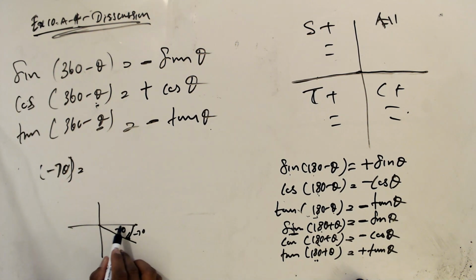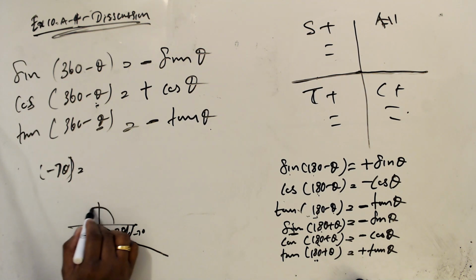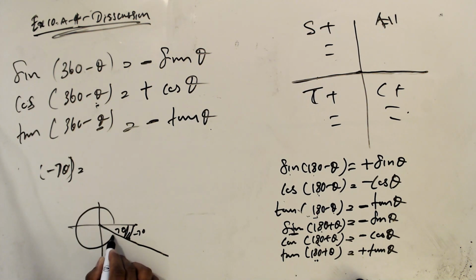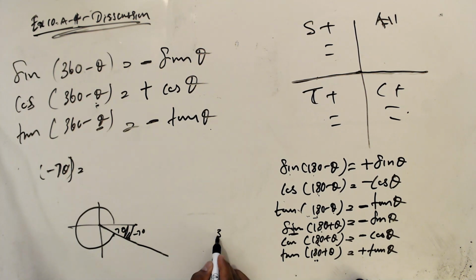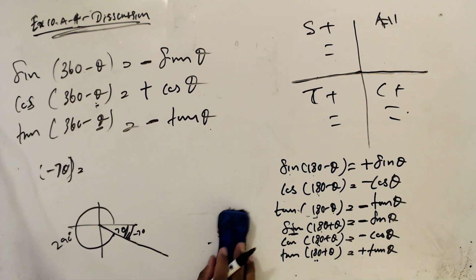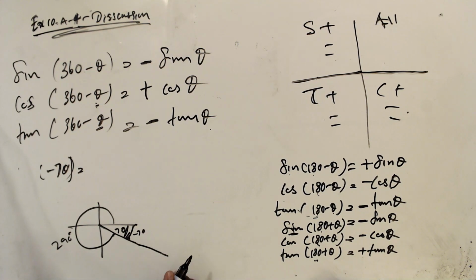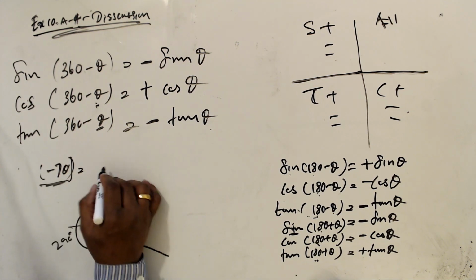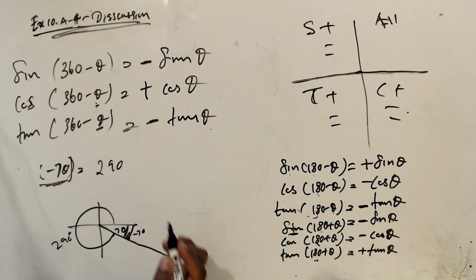This angle is 70, and this is the hypotenuse. The same one you measure positively is 270 and 360 minus 70, so this is going to be 290. So instead of minus 70, you can write 290.